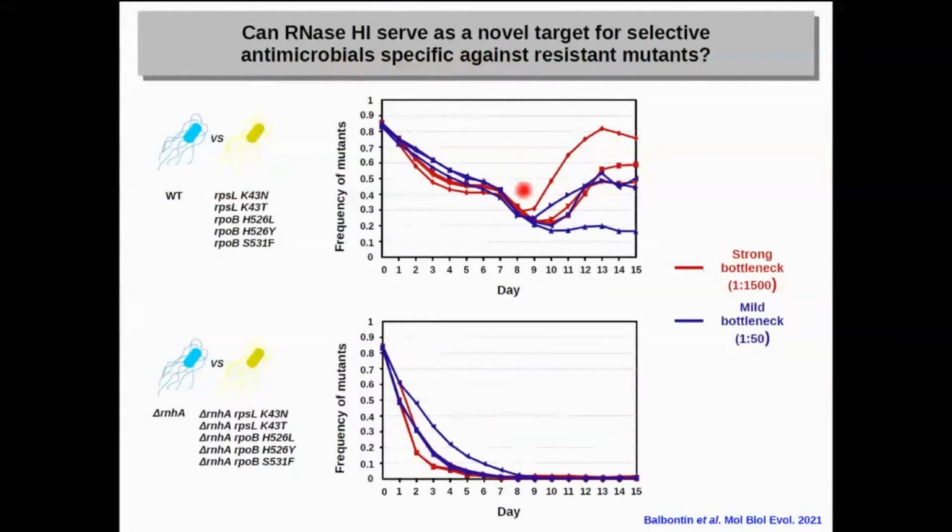But at some point things start to happen, probably compensatory mutations, and then resistant bacteria and susceptible bacteria coexist. And this happens either under a very strong bottleneck, when we take very few bacteria to the next propagation, so the chances of rare mutations to pass to the next culture are very low, and also under a mild bottleneck. So those are the red and the blue lines respectively.